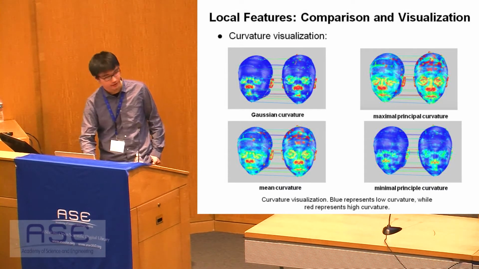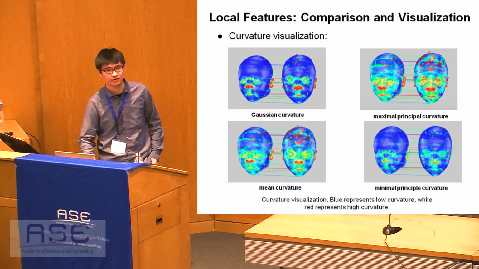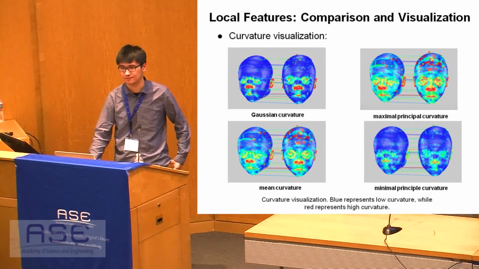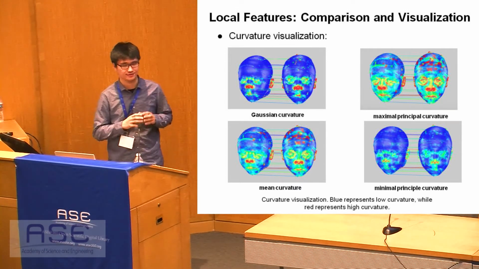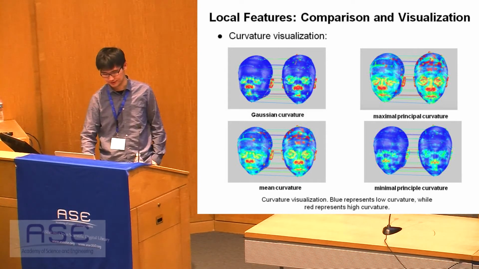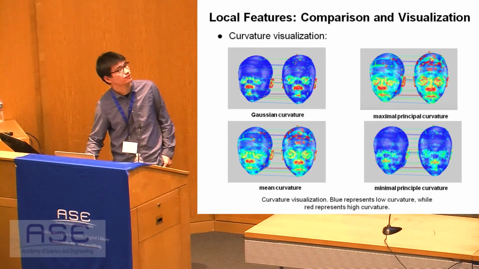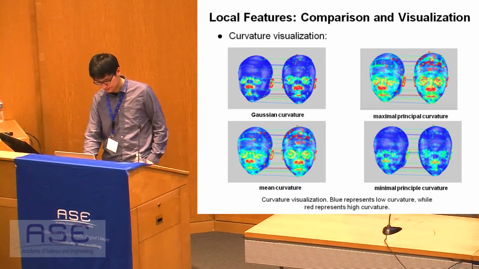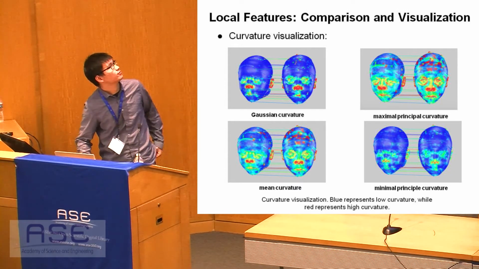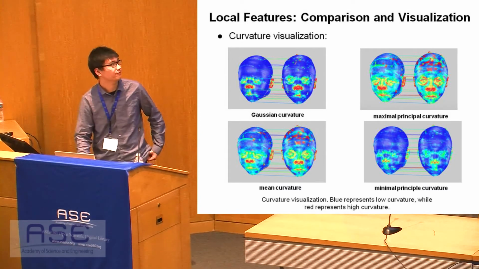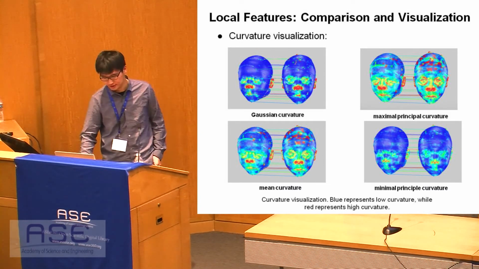You can see at the tip of the nose and the ears there's more red color because this part of the head is more curved. Generally, the front of the head is flat, so the curvature value is smaller. And this is what we expected from the definition of differential geometry.